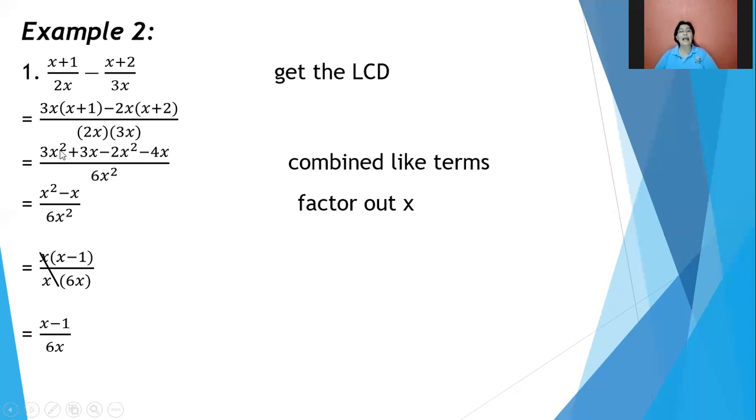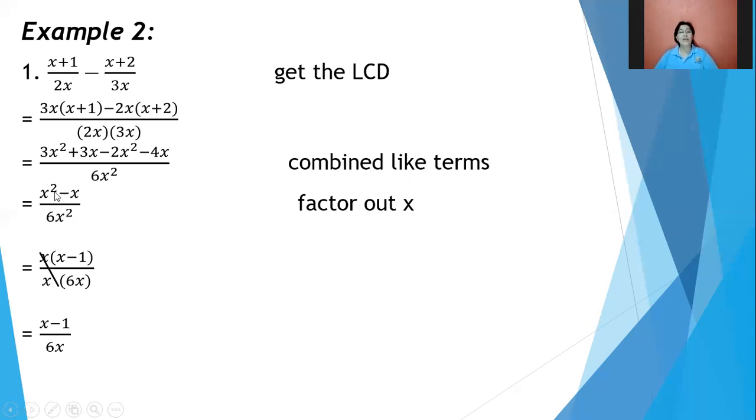What are the like terms? The like terms are 3x squared and negative 2x squared. Then it is x squared. Another one, we have 3x minus 4x, that is negative x, over 6x.